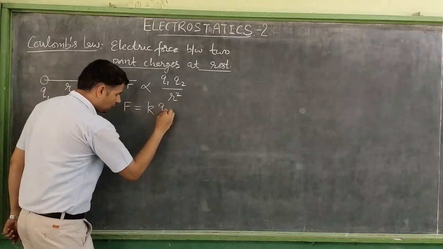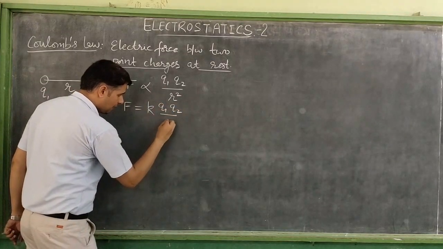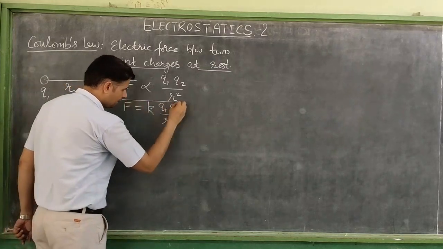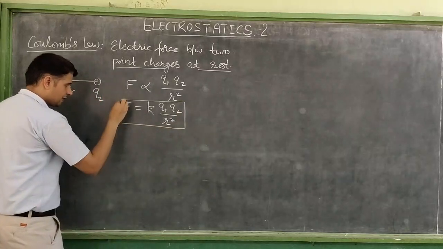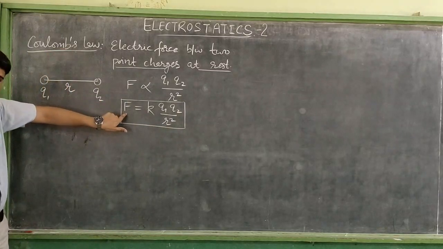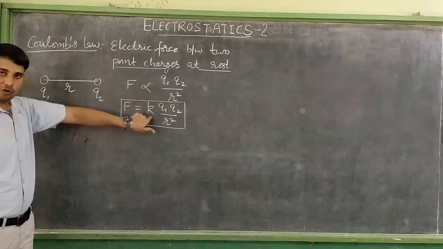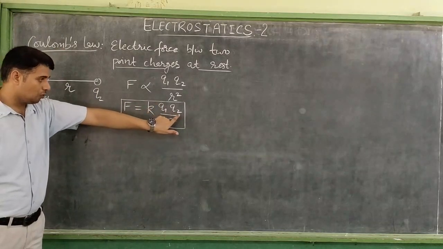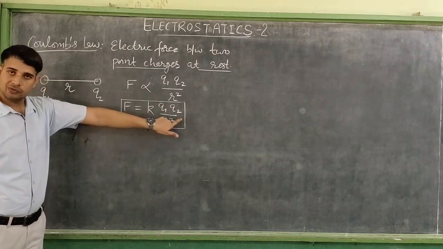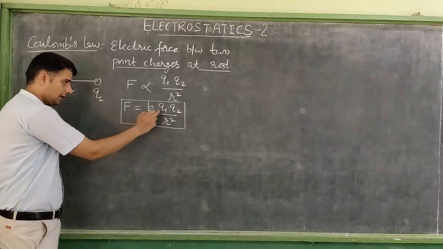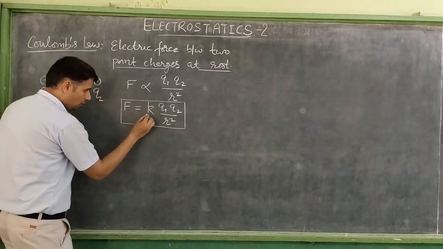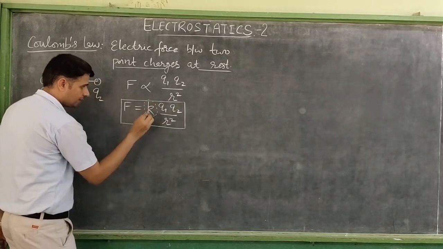So F equals k Q1 Q2 divided by r square. This is the simplest mathematical expression for Coulomb's law. Now the question arises: what should be the value of this k?